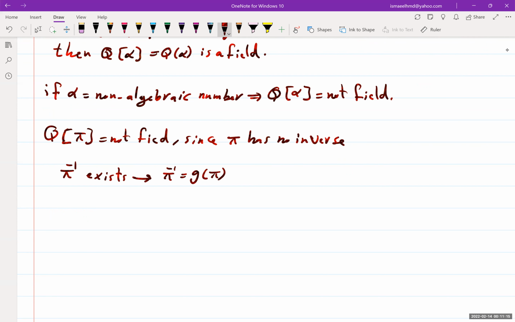Now we multiply each side by pi. We have pi dot pi inverse equal to pi g of pi.